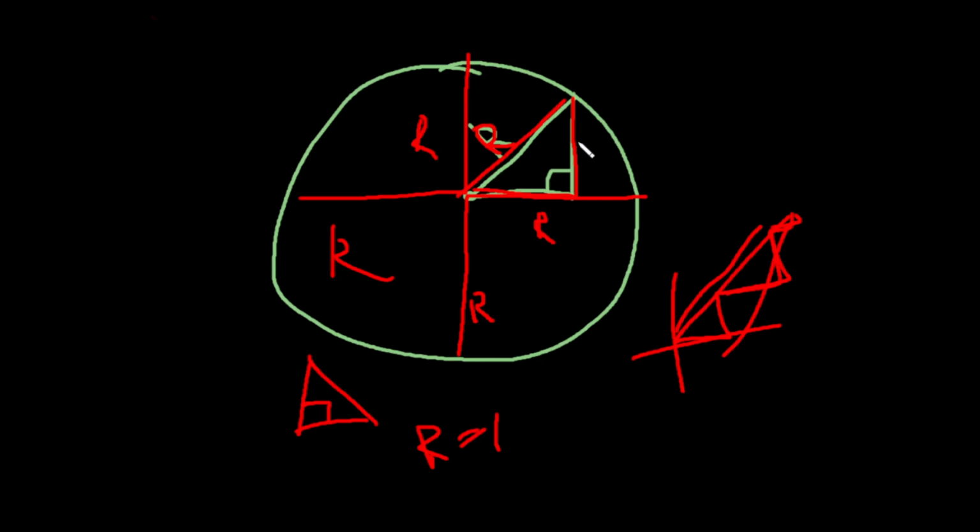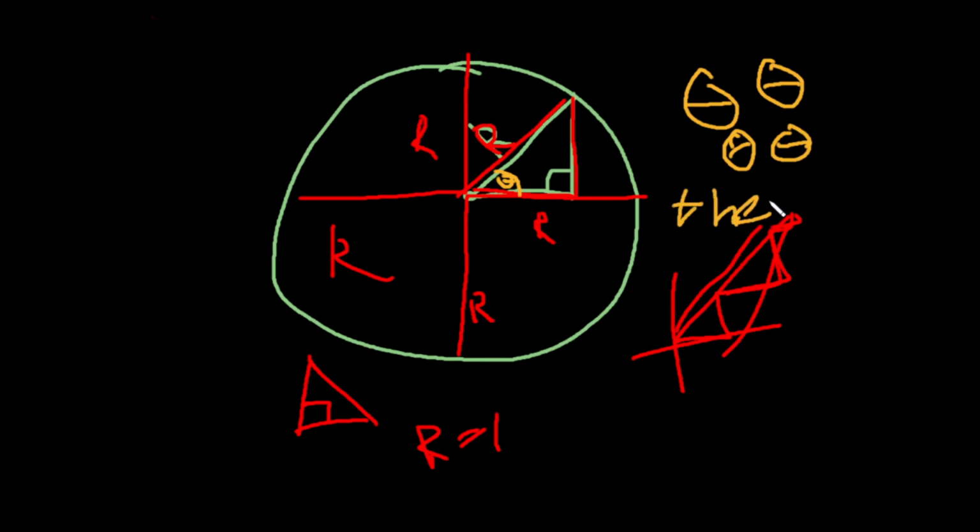And these are like sine and cosine. Let's say this is some angle, because on a circle there are angles. Angles are marked with this Greek symbol named theta. T-H-E-T-A.